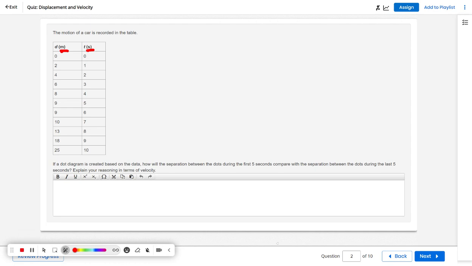And with that being said, whenever we have a table, if you're good at looking at the numbers and visualizing, you are going to be in a great place when it comes to doing this type of problem. Because you don't have to make a dot diagram as they say, make a dot diagram, because you can visualize. If you want to make a dot diagram, this is what you could do.